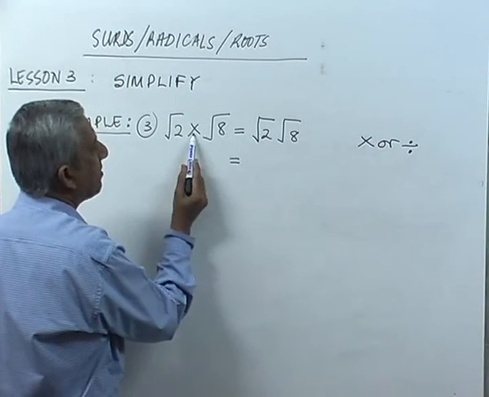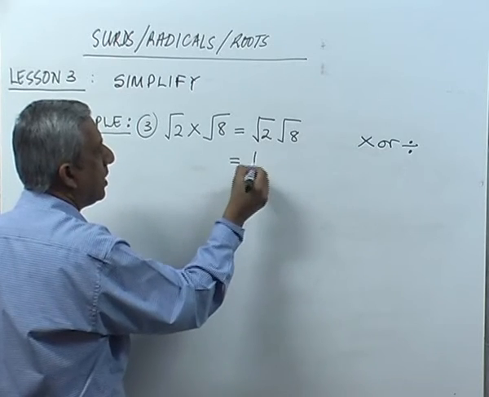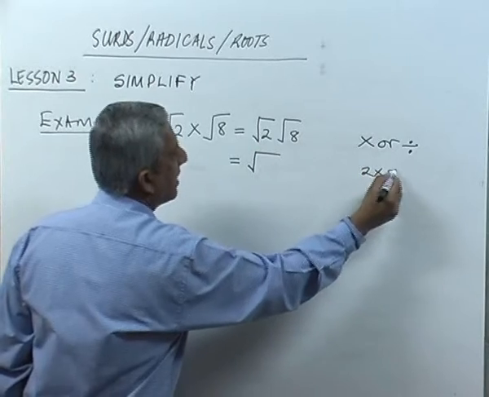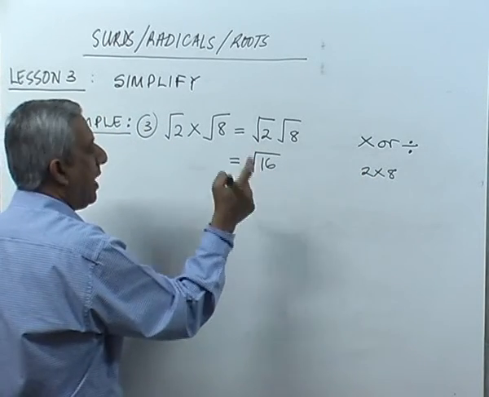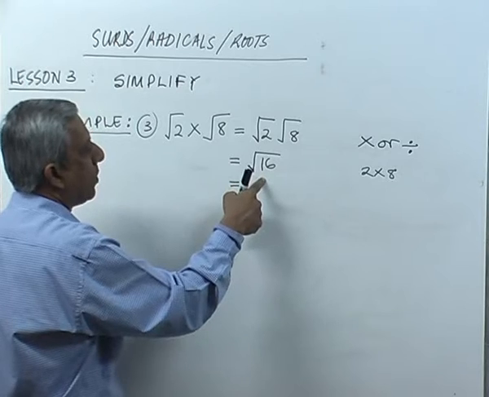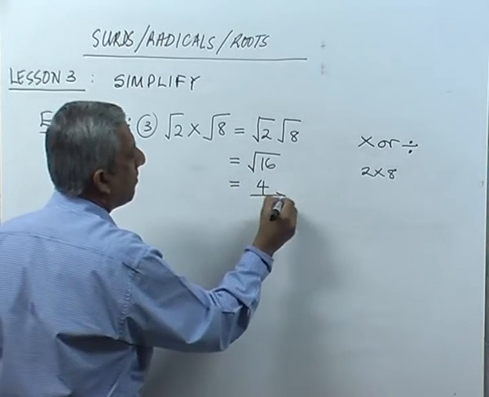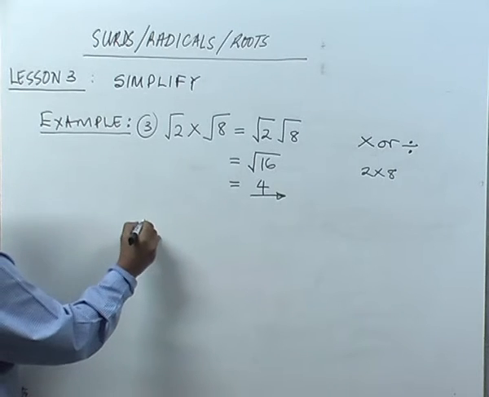Multiplication is understood here, so you're going to multiply 2 times 8, which gives you 16. And when you look at 16, you say, oh, I know what the square root of 16 is. It is 4. So you have now simplified it and brought it down to 4. Right. So you will have to look at each question and then decide what to do.